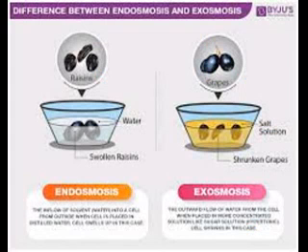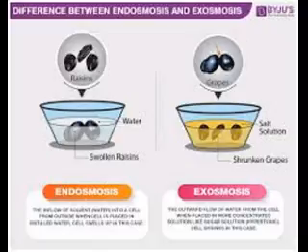So let us talk about the types of osmosis: endoosmosis and exoosmosis. First is endoosmosis. Endo means inside, in. That is, the inflow of solvent or water into a cell from outside is known as endoosmosis. So when a cell is placed in a hypotonic or dilute solution, the cell swells up in this case. Another is exoosmosis.